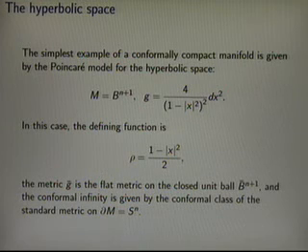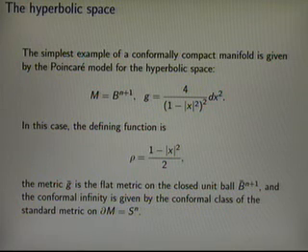Let me give an example. It's the simplest possible example. You take M to be the open ball, and the metric g is that metric over there. It's just a function times the Euclidean metric. In this case, your defining function is the function rho given by 1 minus |x| squared over 2.